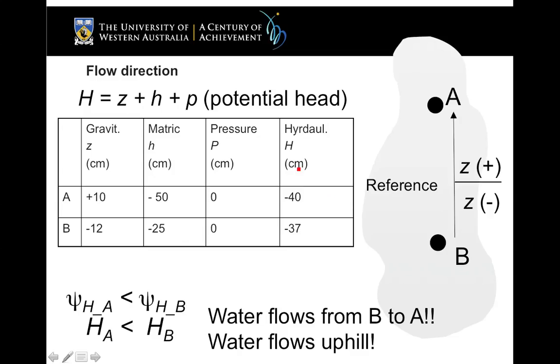You'll see that the difference in hydraulic head, minus 40 minus minus 37, is actually minus 3. And because water always flows from high to low total hydraulic head, water wants to flow in this soil uphill from B to A.